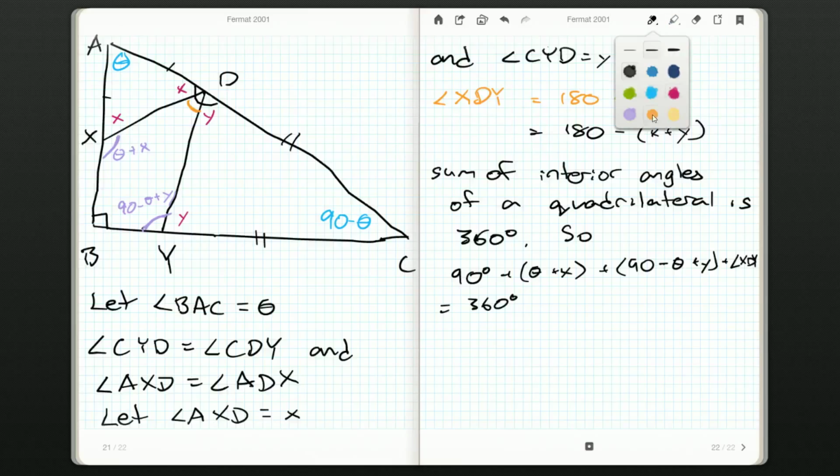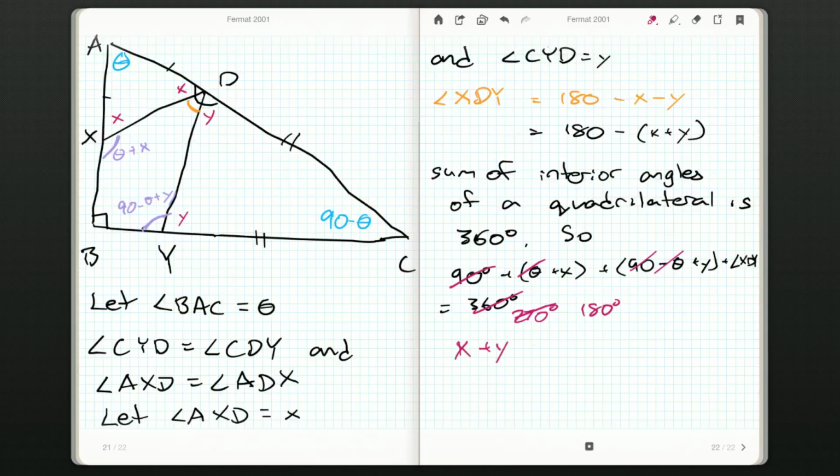Well, we can do some cancellation. That 90 will go, we'll be left with 270 over here. This theta and this minus theta will cancel out. This 90 and 270 will become 180. And I haven't gained any new information here. I have once again realized that x plus y plus the angle that I want is equal to 180 degrees. So that hasn't worked out.